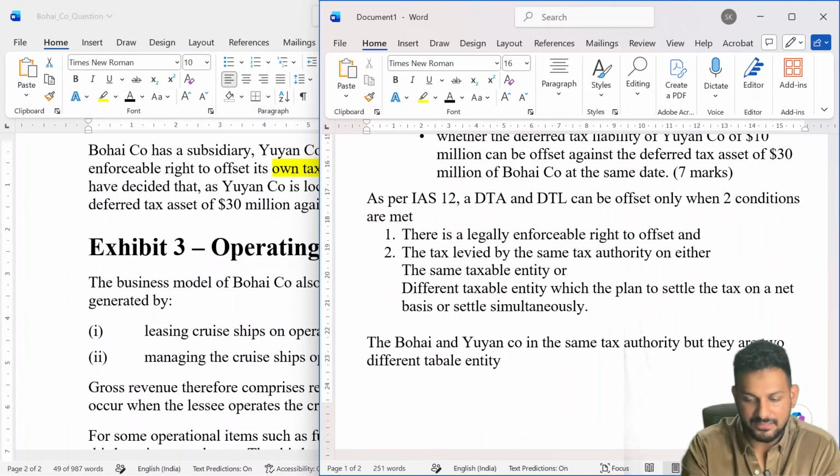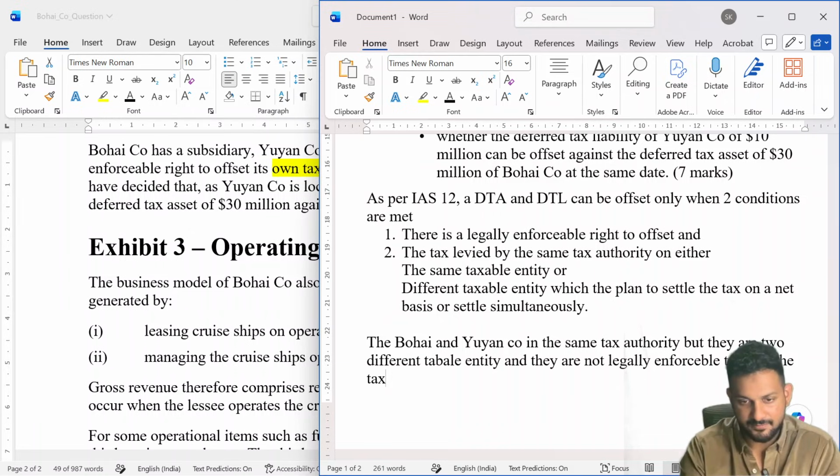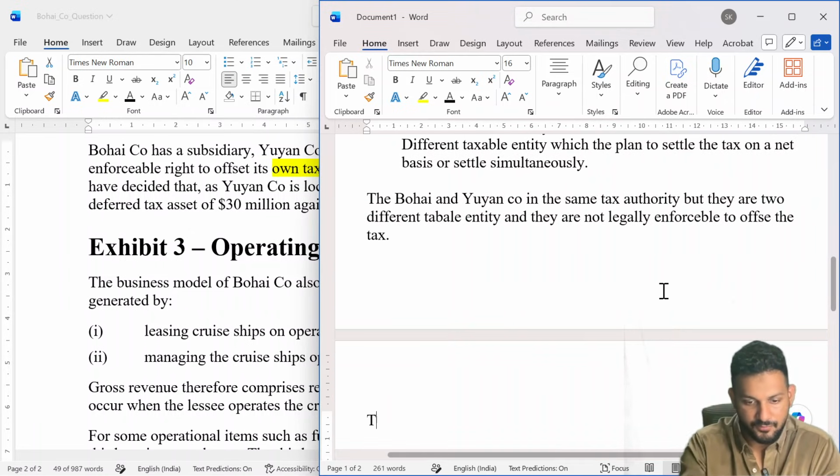They are not the same taxable entity, and they are not legally enforceable to offset the tax.